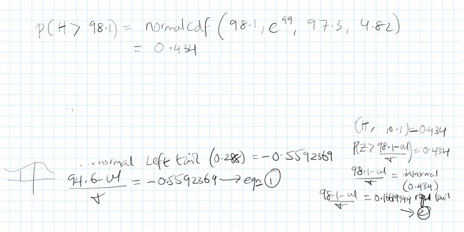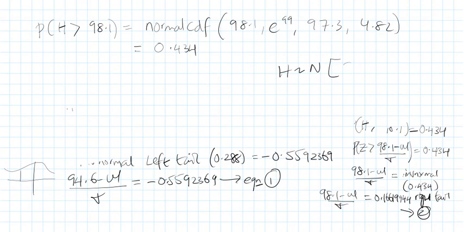I understand that, but I'm just trying to distinguish how you know whether to put binom CDF or normal CDF. Because we're still using the normal distribution, look: the height of plants follows a normal distribution with the mean we found, which was 97.3.